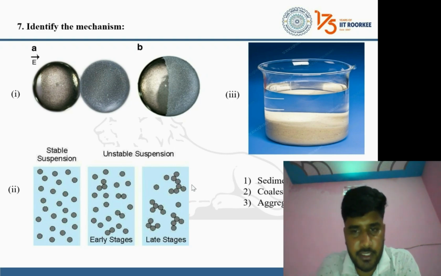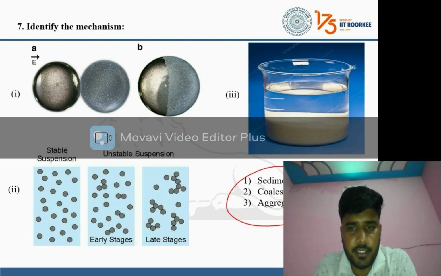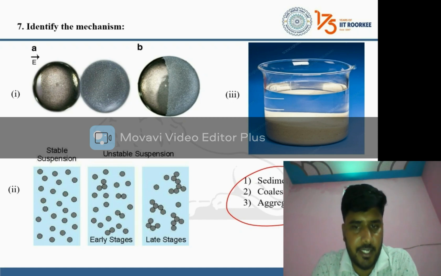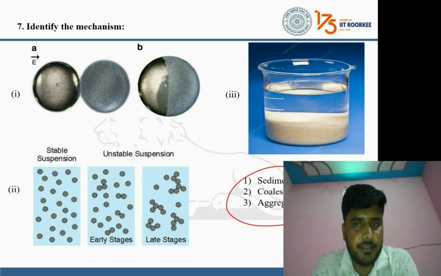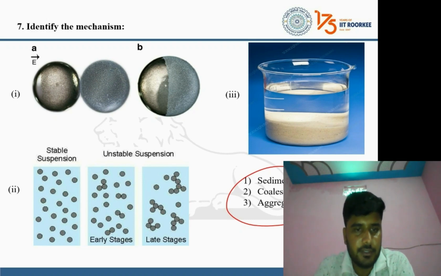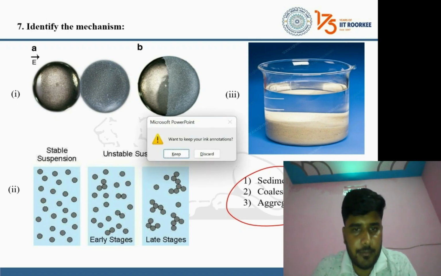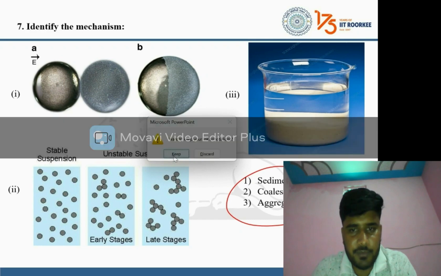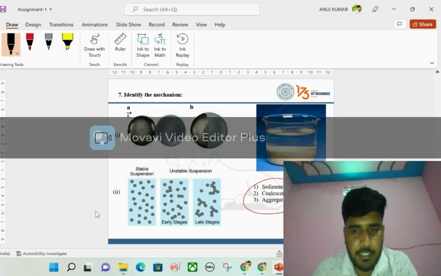The options given here are: first, the sedimentation, second, the coalescence, and third, the aggregation. You have to be specific for these mechanisms. So what will be the right option? You have to just match. I will be waiting for your response, and after that I will explain it.